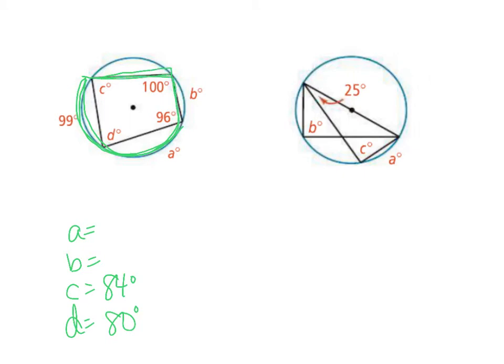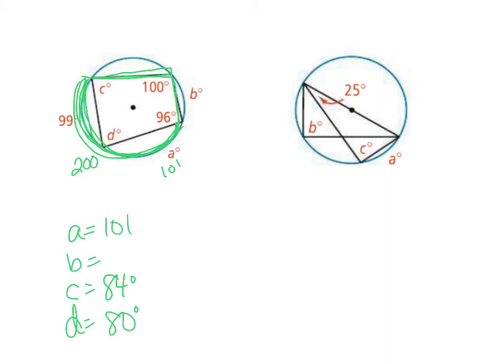And remember that the angle is half the arc. So if the angle is 100, then this full arc needs to be 200. If the entire arc is 200 and you've got 99 of it over here, then you're going to have 101 over here. So it adds up to 200.